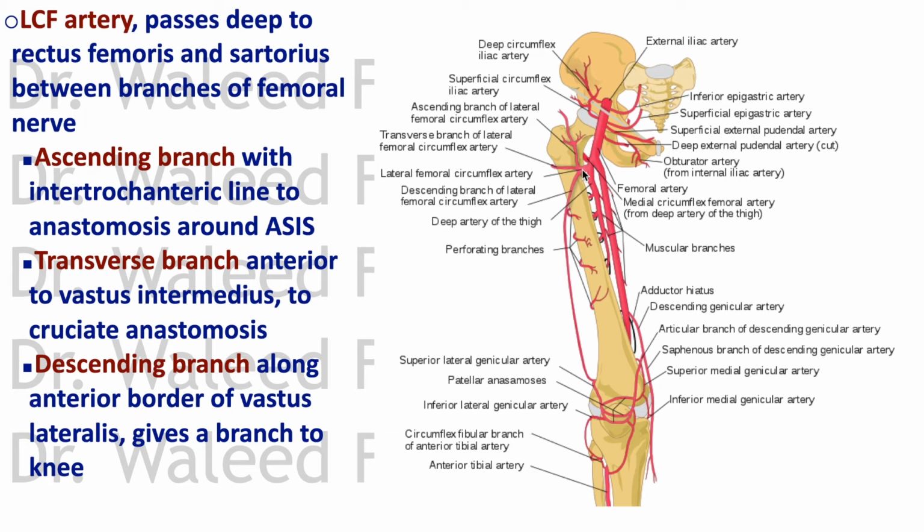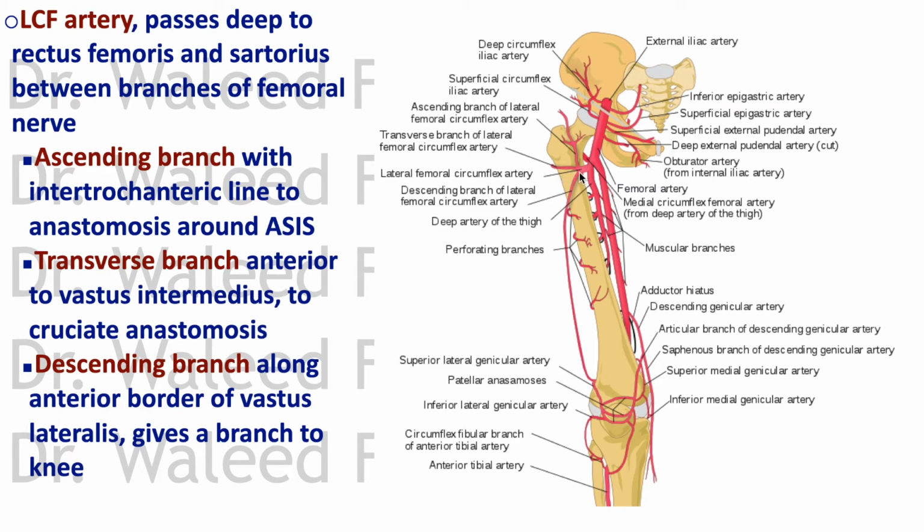The lateral circumflex femoral, on the other hand, the one you see here, passes deep to the rectus femoris and sartorius and passes through the branches of the femoral nerve, dividing them into superficial and deep groups.